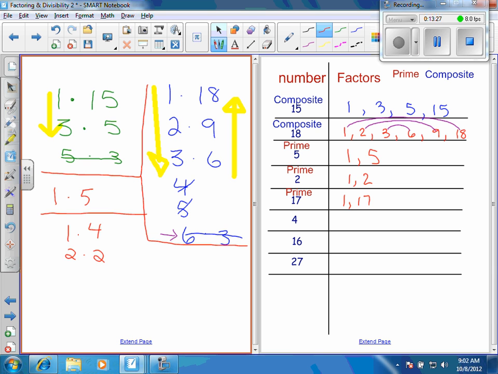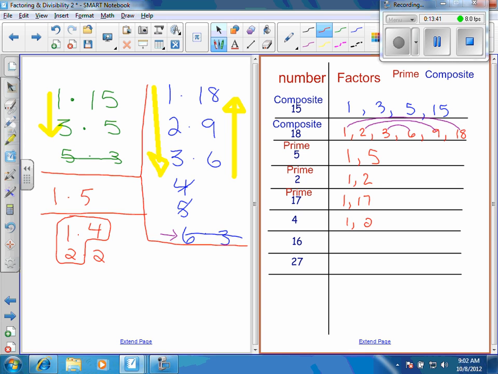So there's repetition. So these are the factors. Anytime you get to repetition, you should have found all the factors. So what are the factors, Marcos, of 4? 1, 4, and 2. Right, and so put them in order: 1, 2, and 4. So Marcos, is 4 prime or composite? Good.